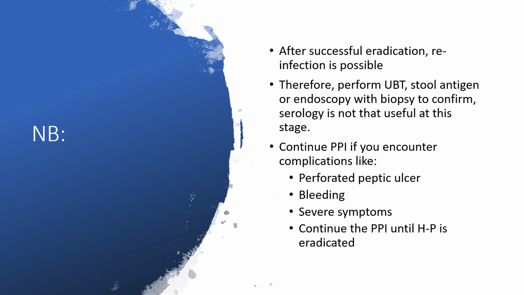If you encounter bleeding, continue proton pump inhibitor. If you are dealing with severe symptoms, continue using proton pump inhibitors. Continue the proton pump inhibitor until H. pylori is eradicated. So that is one drug that we may use for a very, very long time.